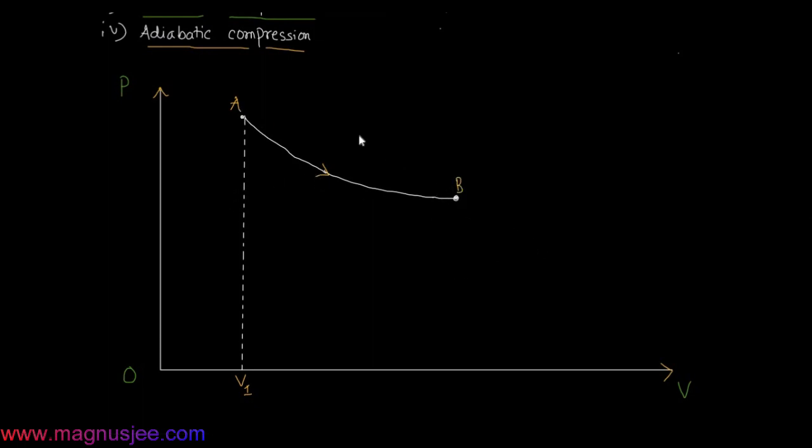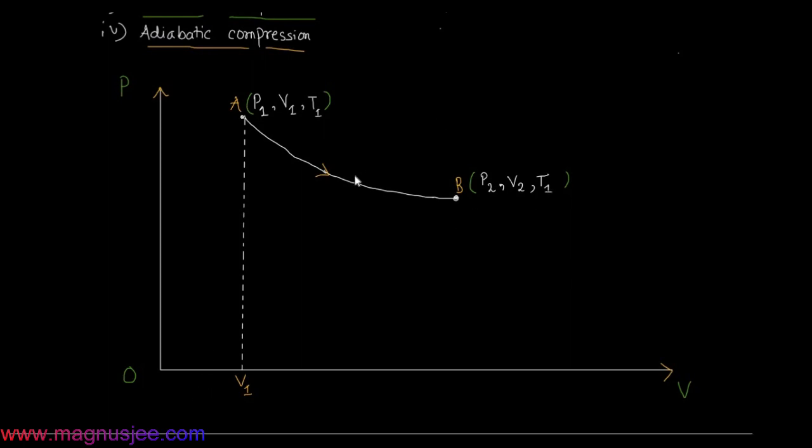That means temperature remains constant from point A to B. At point A, the initial pressure, volume and temperature were P1, V1, T1, and at the final point B, they are P2, V2 and T1. Temperature remains constant.